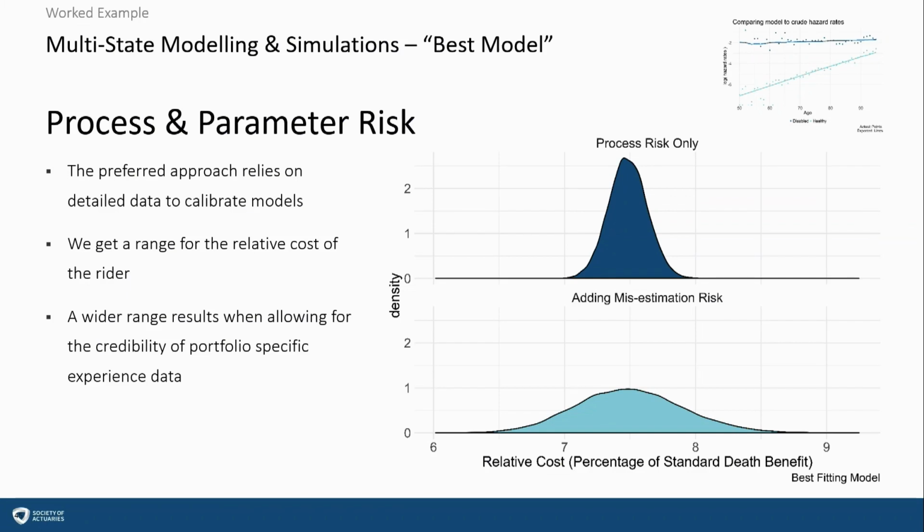The only reason it's not really for free is because you do need detailed data at the level of the individual, and again, it's just a call to say the sooner that data is available and there are reliable sources for that, the sooner more of this type of work can be done.